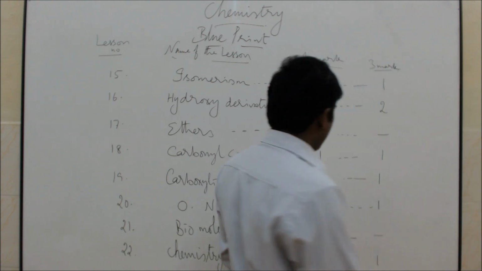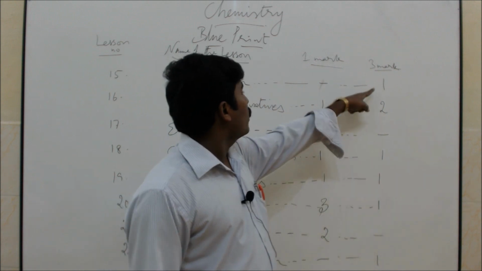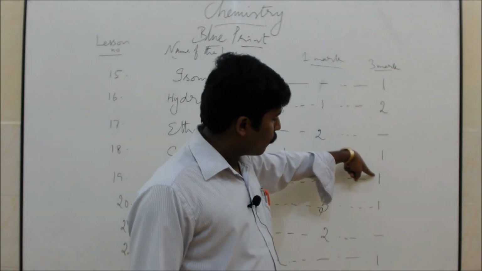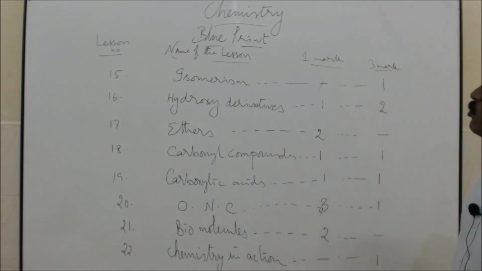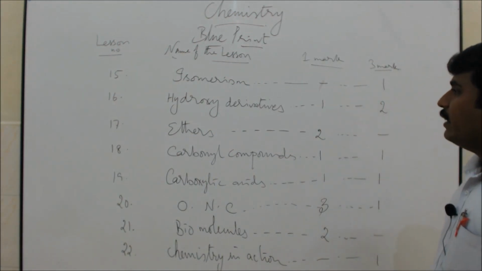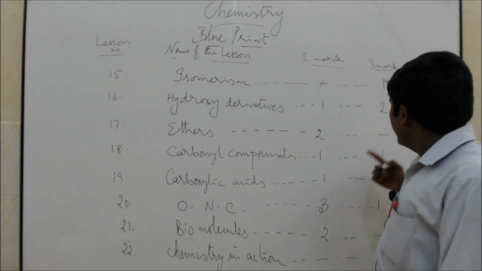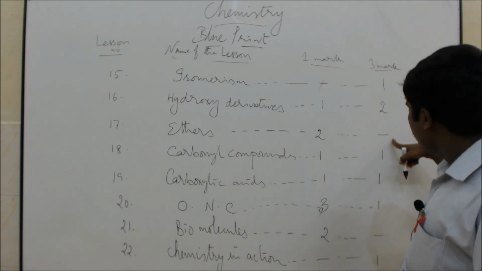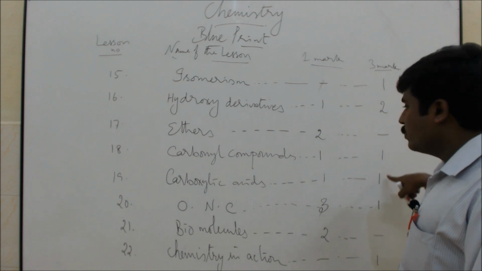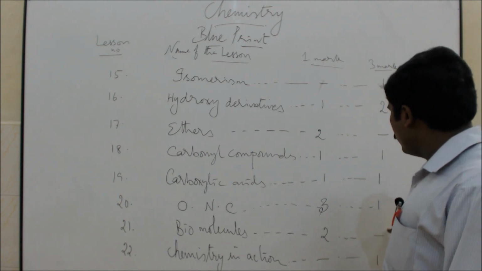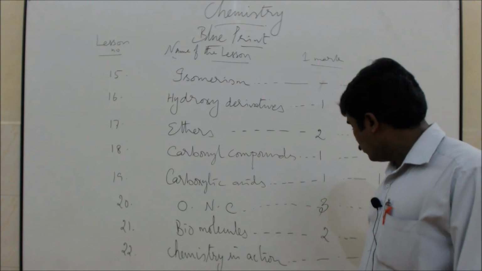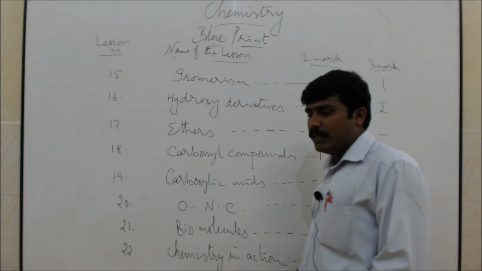Altogether 7 three-mark questions. Out of 7, 1 from isomerism, 2 from hydroxy derivatives, which must be name reactions only, no question from ethers, 1 from carbonyl compounds, 1 from carboxylic acids, 1 from organic nitrogen compounds, no question from biomolecules, and 1 question from chemistry in action.